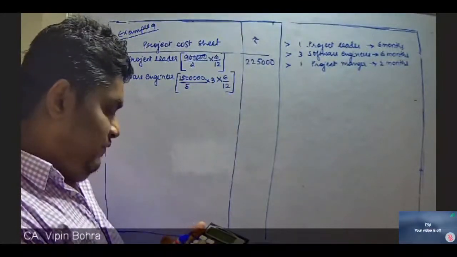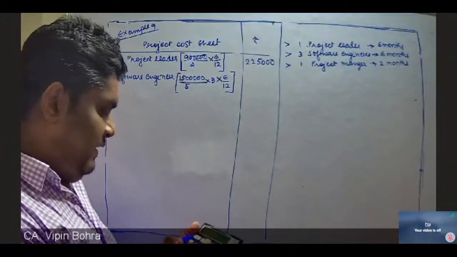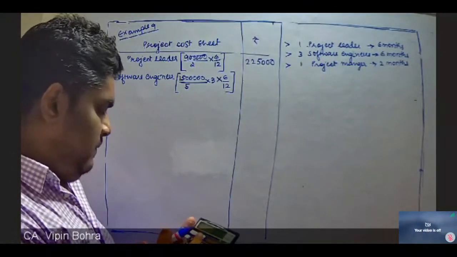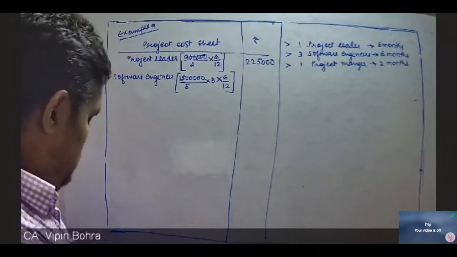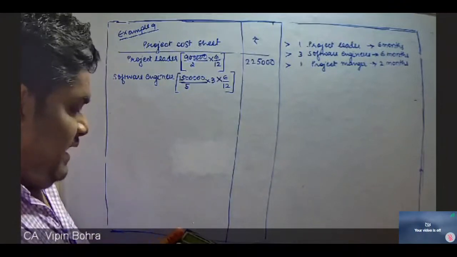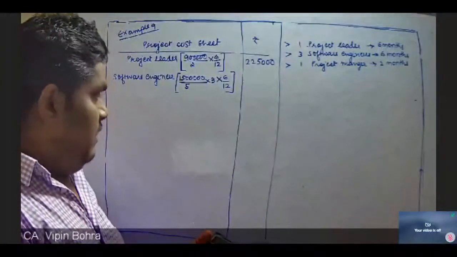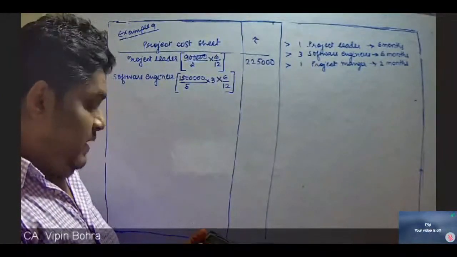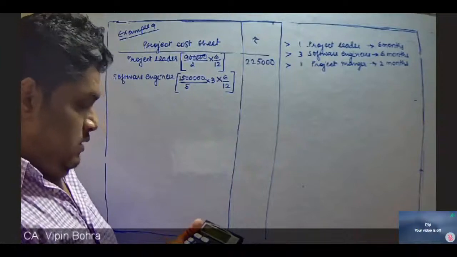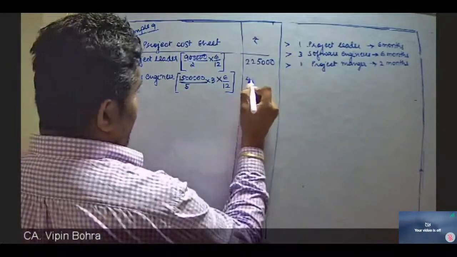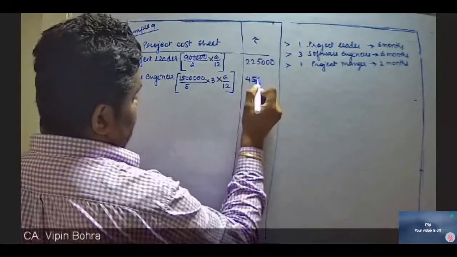It comes to 15 lakh divided by 5 into 3, employed for a period of 6 months out of 12 months, so the salary paid will be 4,50,000.